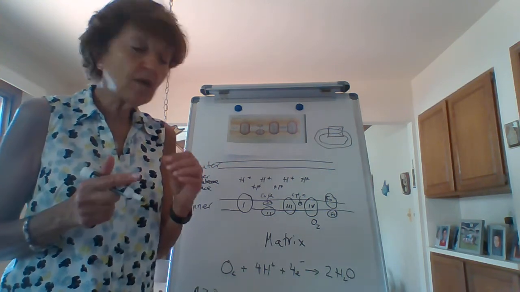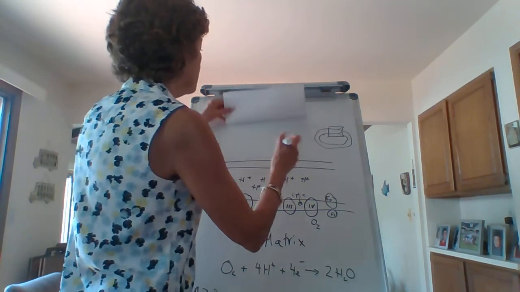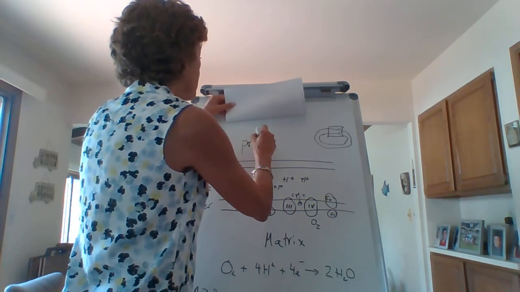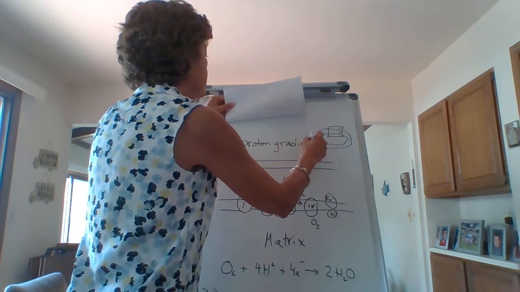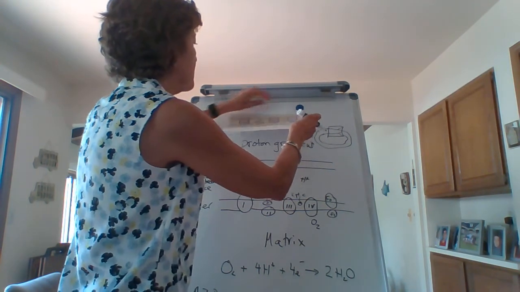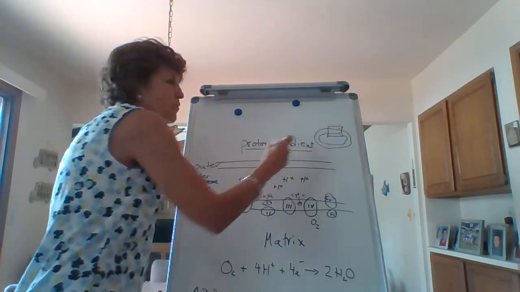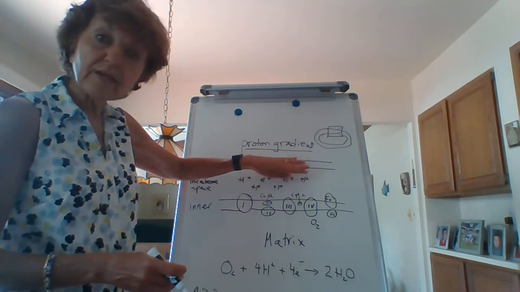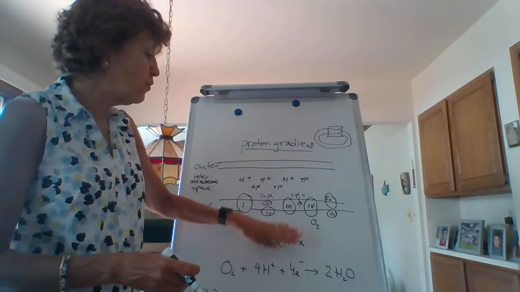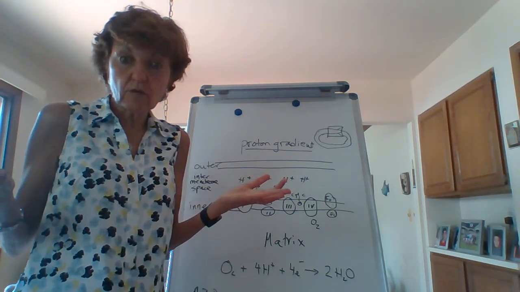So you have something called a proton gradient right now. I'm going to move this guy. Proton gradient. What's a proton gradient? You have more protons in this intermembrane space than you do in the matrix. What's a proton? It's just a hydrogen ion, okay?